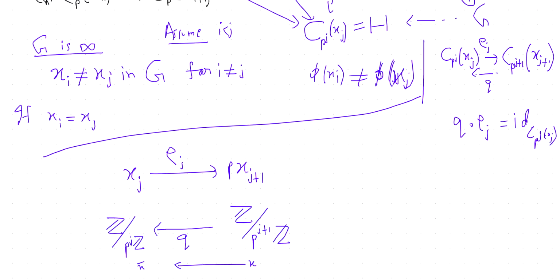Wait a minute. Let's see. This map is okay, but will that work? If you send one to P, then you send P back to P. So it does not work.